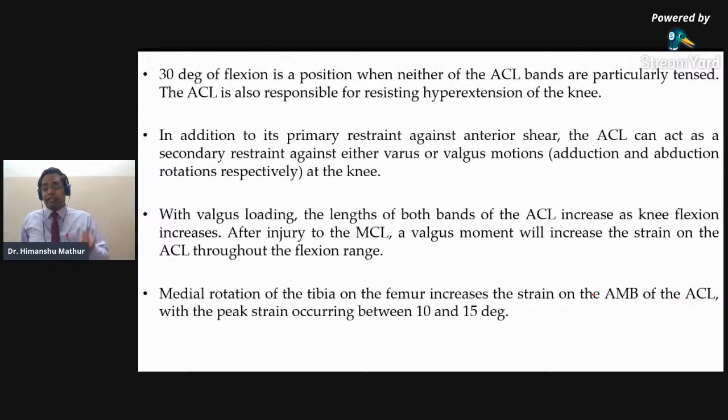So that could have become a provocative test. Whenever I increase the range of motion of flexion to test the integrity of the ACL, anterior cruciate ligament, it can be a provocative test.